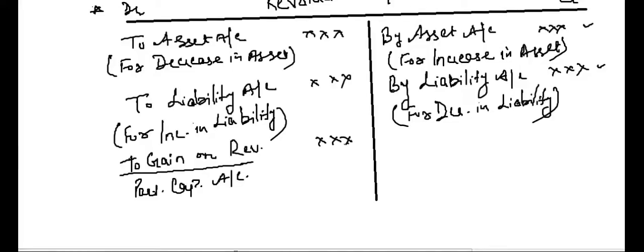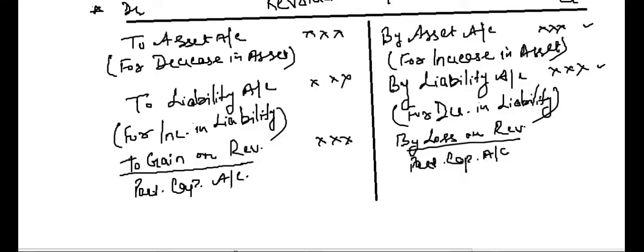If the debit side is more than the credit side, that means there is a fall in the assets and increase in the liabilities. If there is a loss on revaluation, we will say by loss on revaluation, and this loss will be transferred to partners' capital accounts.